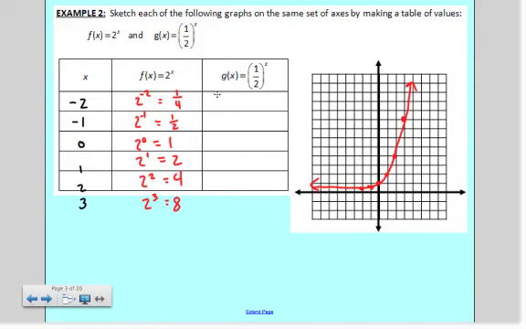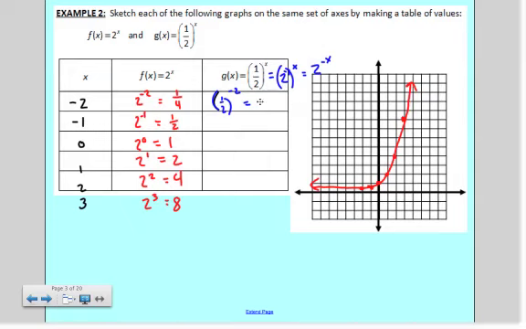This one is 1/2 to the x, so 1/2 to the -2. Let's do something kind of interesting. Let's write up here that 1/2 to the x is the same as 2 to the -1, all to the x, which is the same as 2 to the -x.